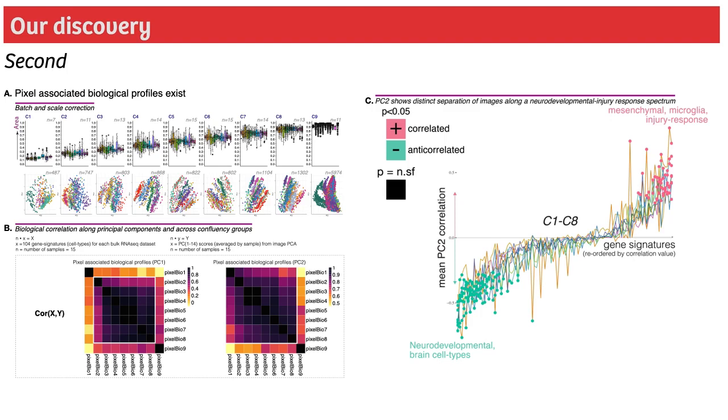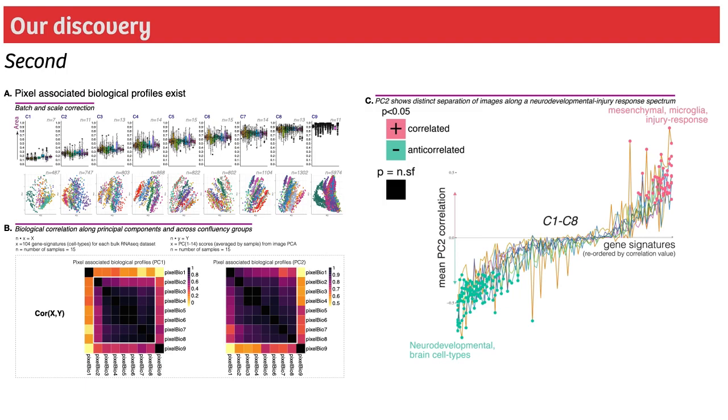Then I compared each of these components to the 104 gene expression signatures from our bulk transcriptome dataset. I found that principal components 1 and 2 highly correlated with gene signatures, with PC2 having the stronger correlation. I also noticed that across the confluency groups, there was an agreement in this gene expression alignment.